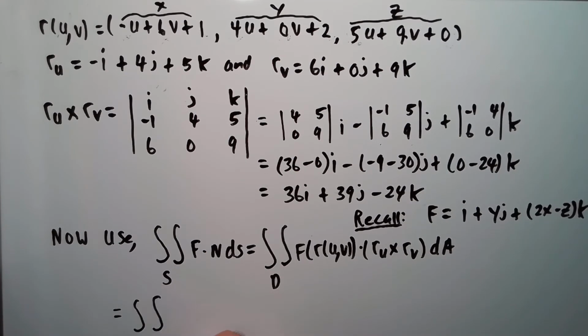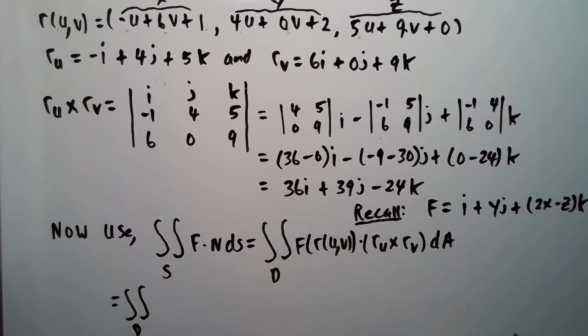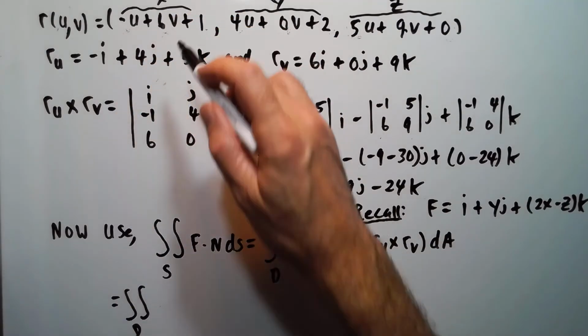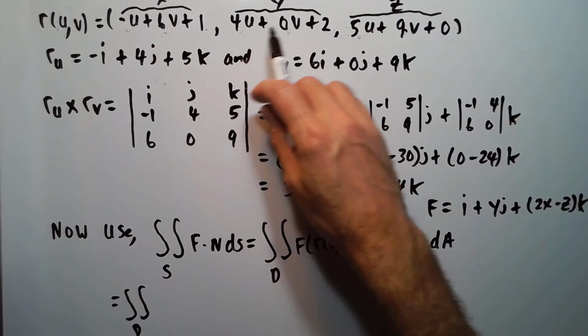So it's going to equal the integral over D. We'll come back to that in a second. So it'll be F of r here. In place of x, I'm going to put -u plus 6v plus 1. In place of y, I'm going to put this, and z plus this.